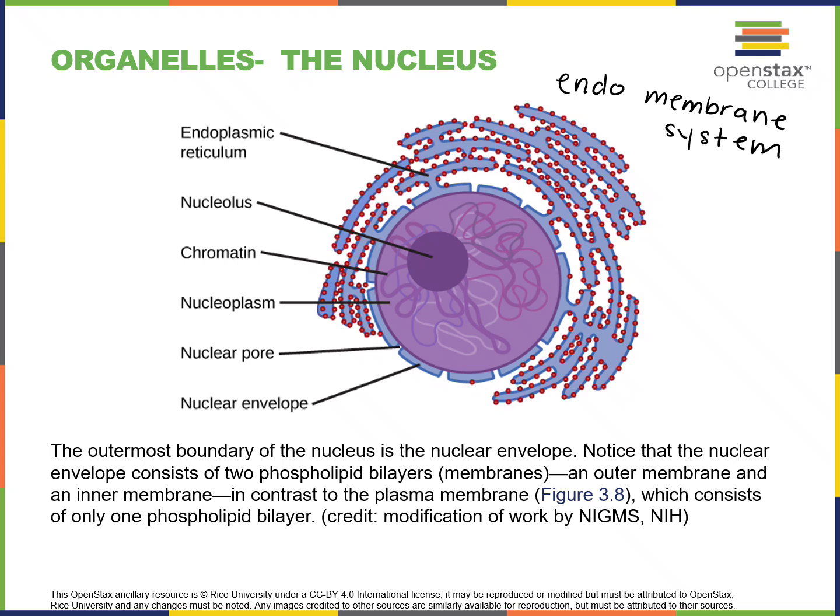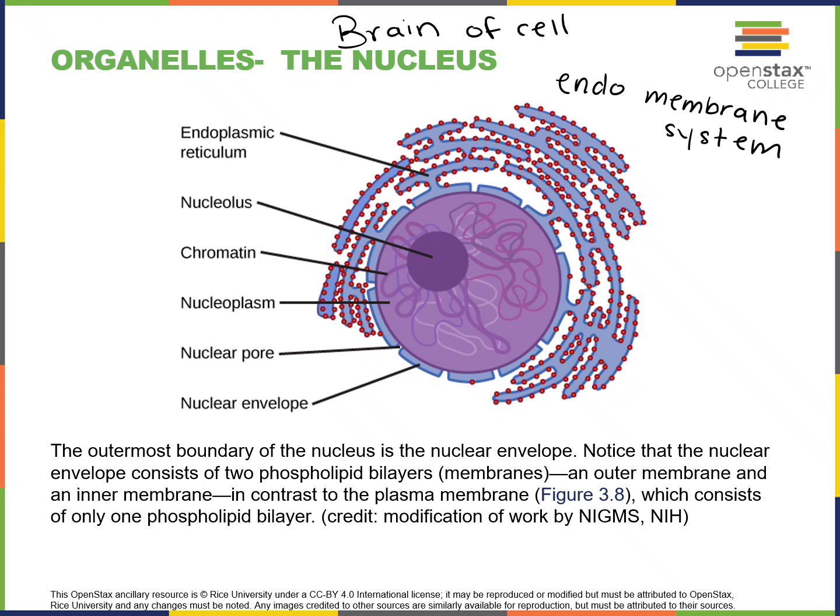Okay, the nucleus, probably one of the most important organelles in the cell. The nucleus you can think of as the brain of the cell. It is what holds all of your DNA, which is your genetic information, genetic instructions that your cell needs to be able to do its daily functions. There's a couple of layers to the nucleus.